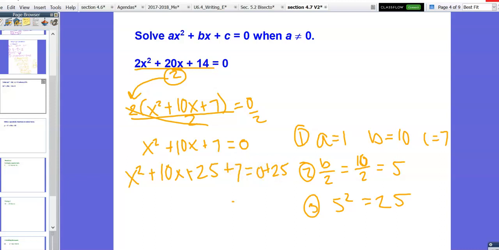Simplify for sure the right-hand side, and if you want, you can rewrite the x squared plus 10x plus 25 as a perfect square binomial. And that's just x in parentheses with a square. And then inside of parentheses, use this value from step 2, the plus 5.